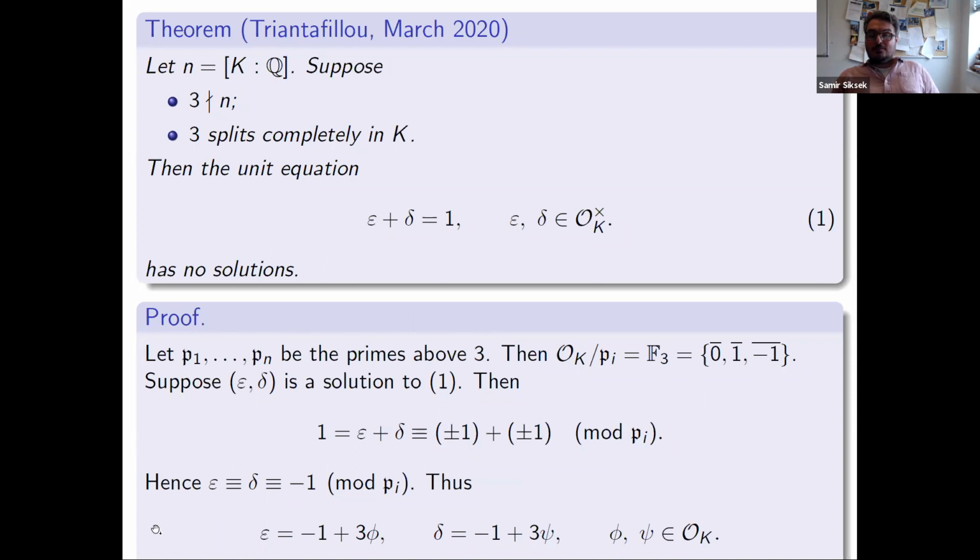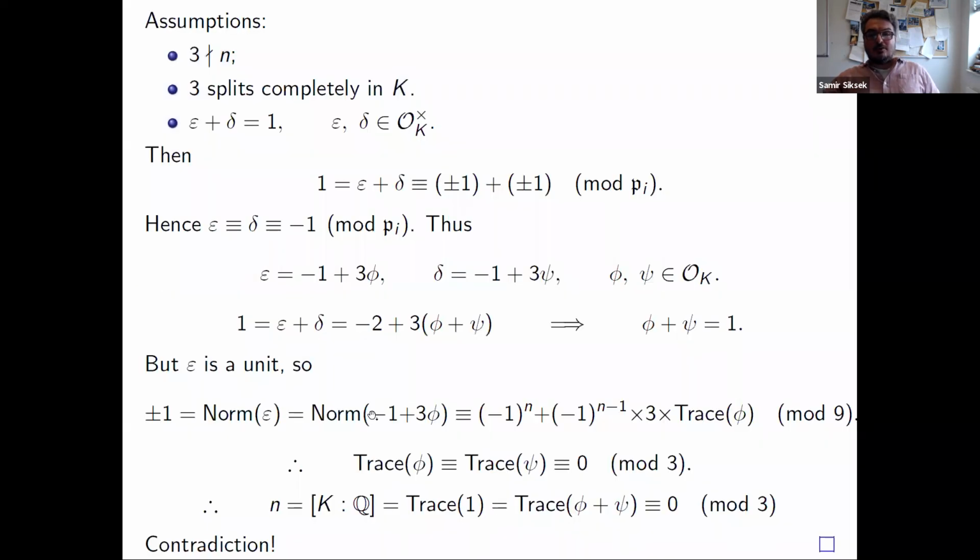And that tells me that epsilon +1 is divisible by 3, and delta +1 is divisible by 3. So epsilon is -1 plus 3 times an integer that I'm going to call phi, and delta is -1 plus 3 times an integer that I'm going to call psi. And now, scrolling down, so we got to here.